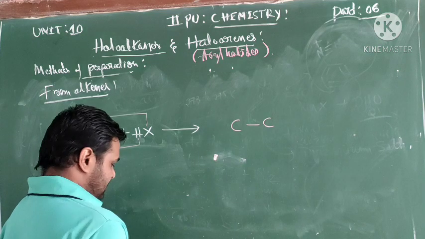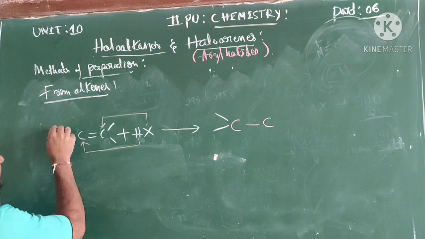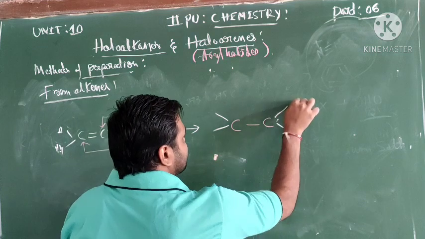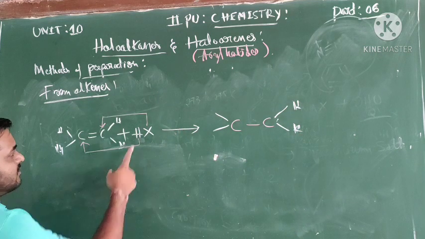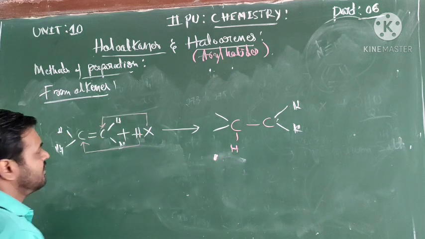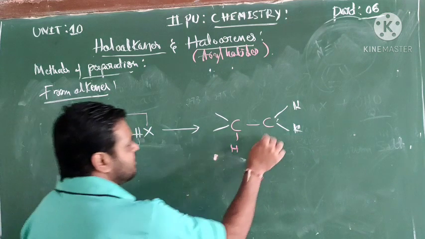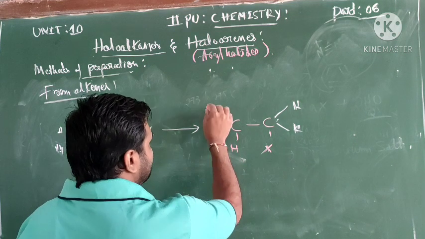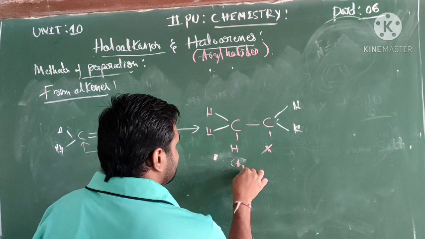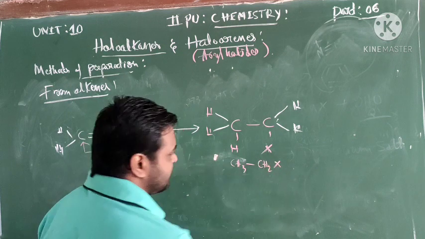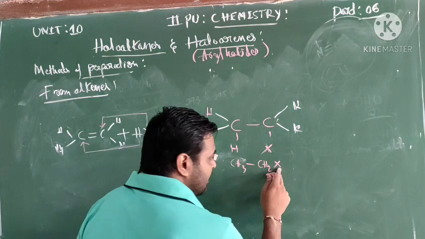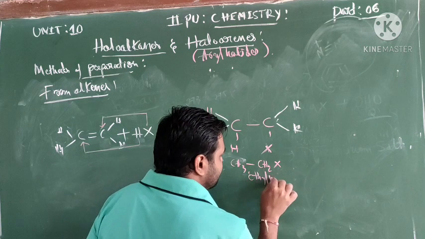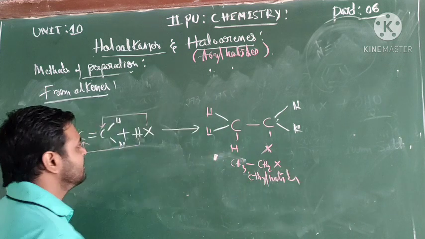So here these are the H, H. This is called H. Okay, here H, H. So this hydrogen comes from here, and this halogen is here. So this is called what? CH3 and CH2X. Okay, this is halides. This is C2, ethyl halide. We take an example like Cl.